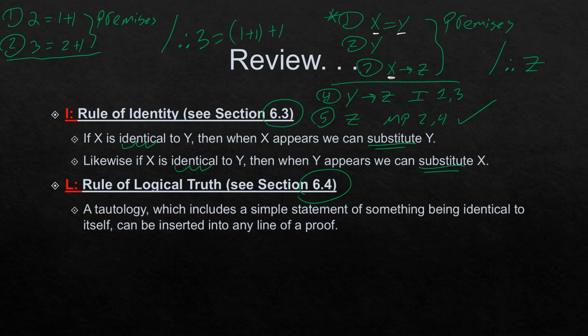Once again, we need the rule of identity, and we can do it in just one step. We can say 3, therefore 3 is equal to the quantity 1 plus 1 plus 1 because of the rule of identity with lines 1 and 2.